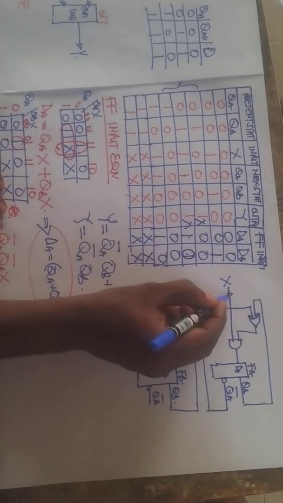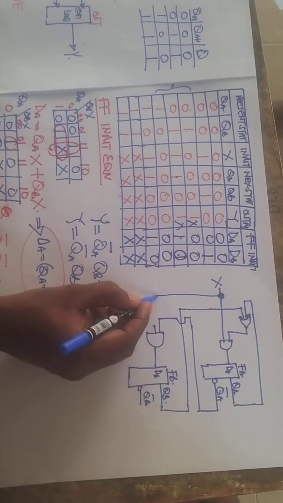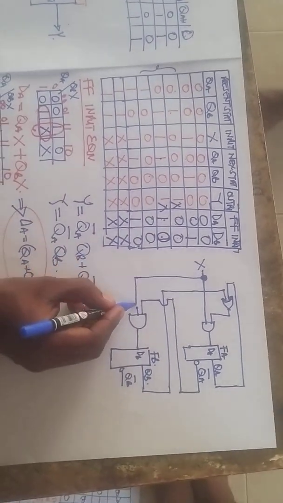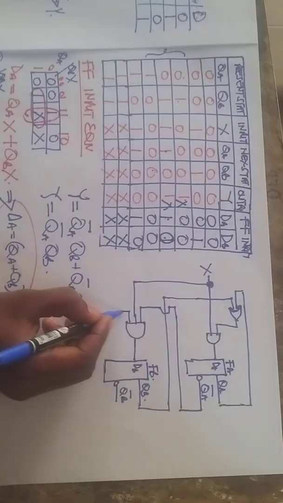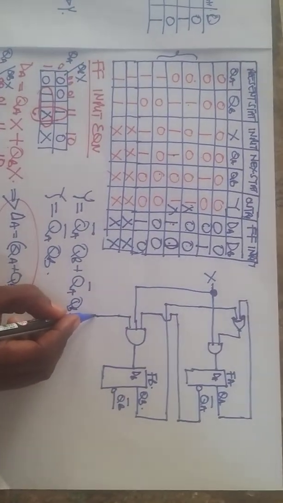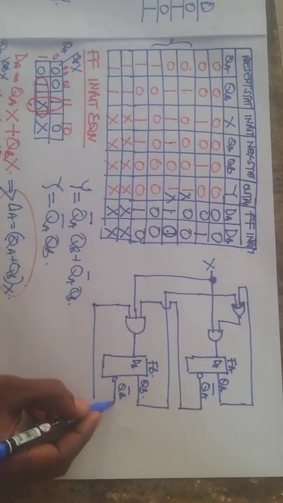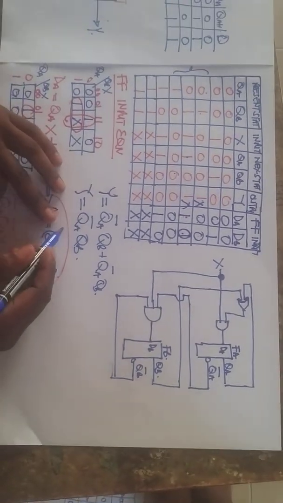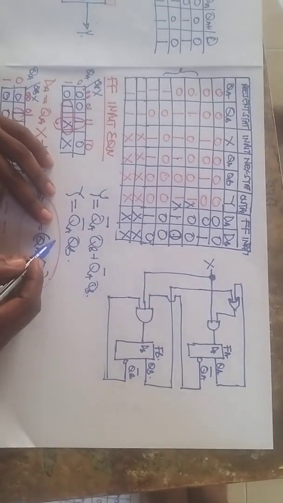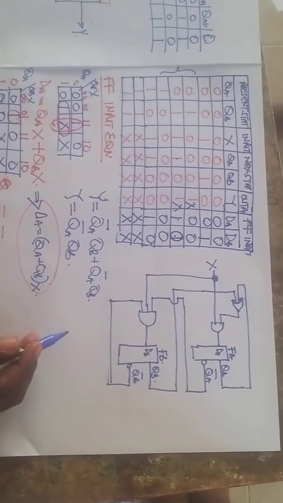I want to be neater. So X comes in, and then QB bar also comes in.